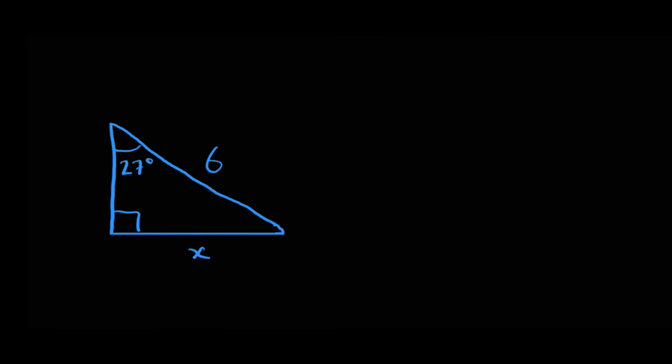So to work this out, we're going to use a trig ratio. So we have theta, and we have the hypotenuse, but we want to find the opposite side. The trig ratio that uses the opposite side and the hypotenuse is sine, so that's the one we're going to use to find x. Okay, so sine of 27 degrees is x over 6, because it's opposite over hypotenuse.